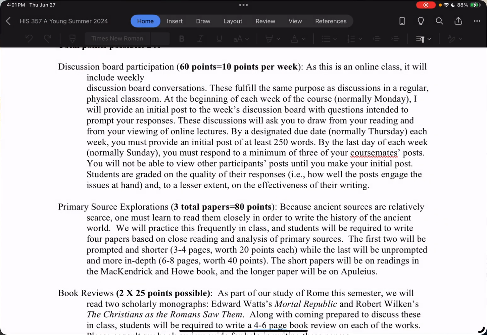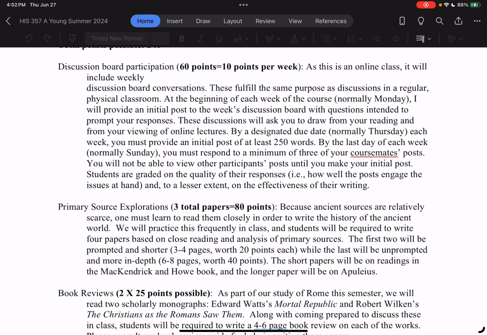Each week is worth 10 points. The initial post is worth about 4 or 5, and for the response posts, you need to do at least a minimum of 3. That is a minimum. Often students do 3 and they're like, I'm done. Moreover, these response posts should be more than just, hey, I like your post, good point.